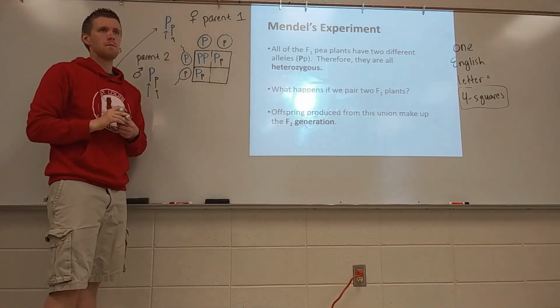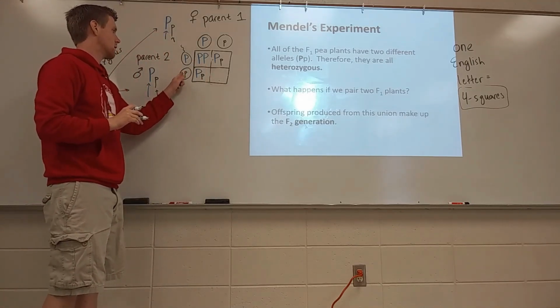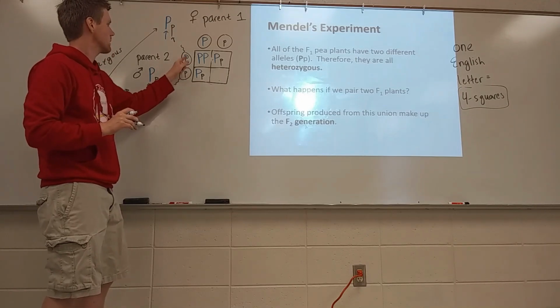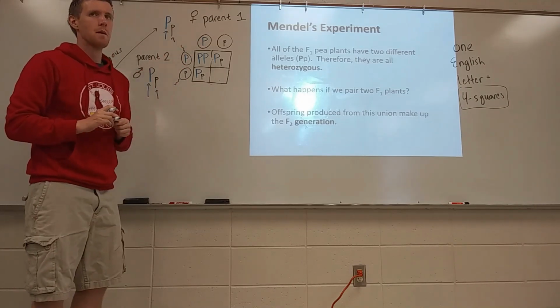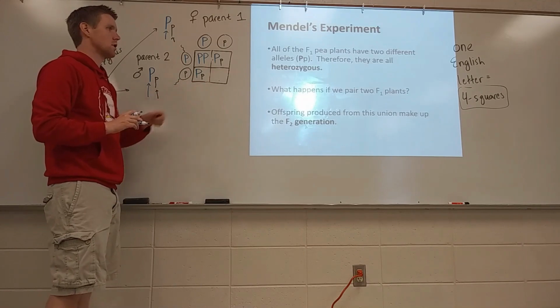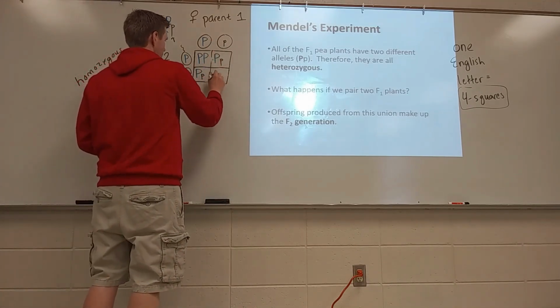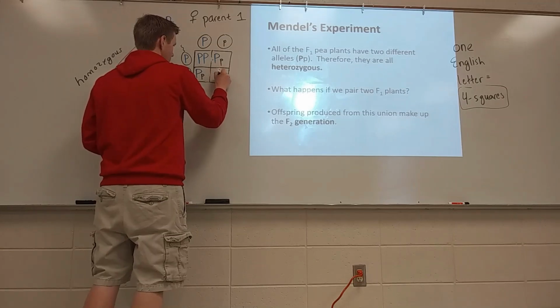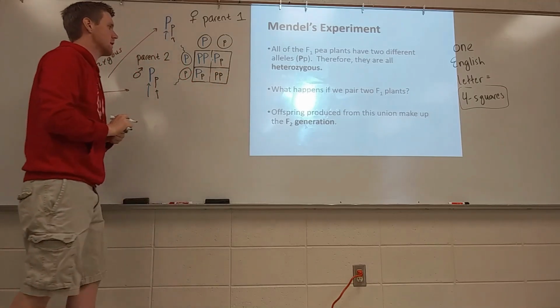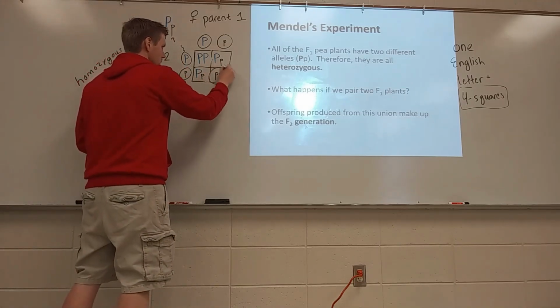Possibility number 3. Gets the white gene from the male parent, the purple gene from the female parent. It's heterozygous and still looks purple. And then possibility number 4, it receives the white gene from both parents and it looks white.